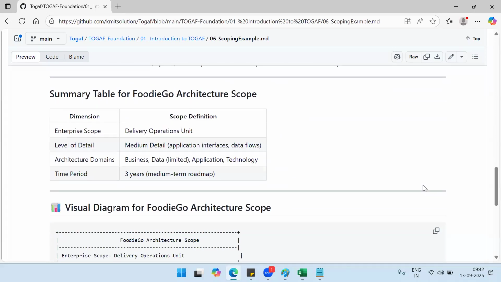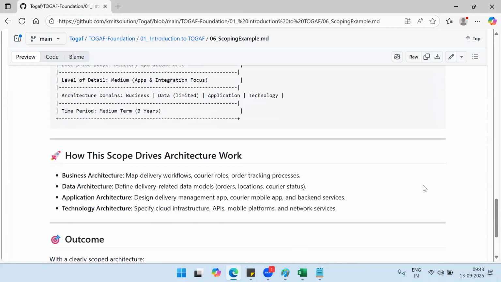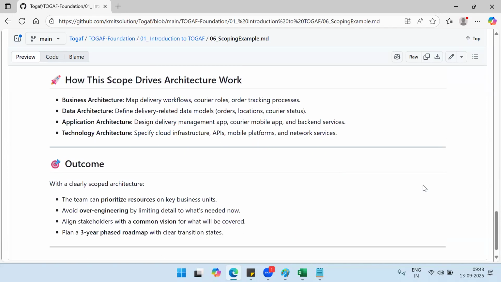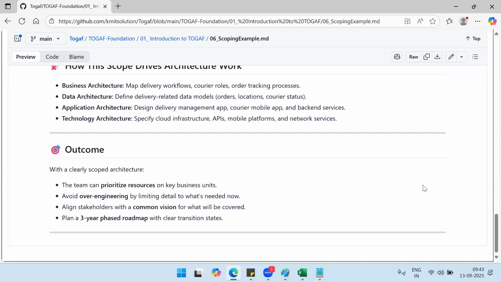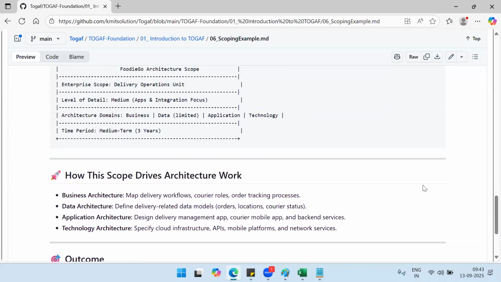So this is all about the different scope, detail, and architectural domains and time period.